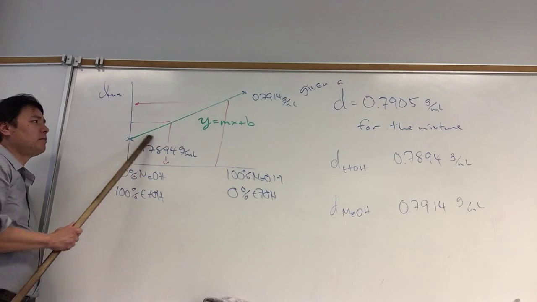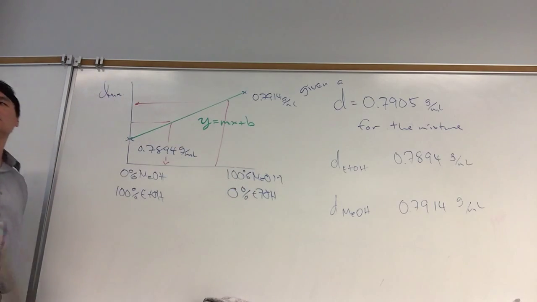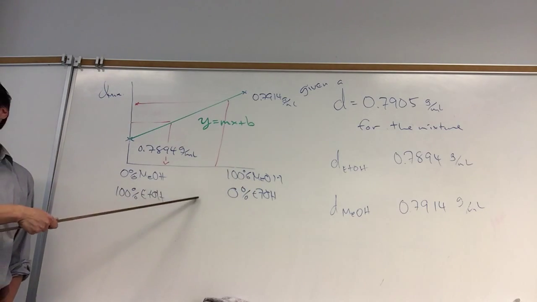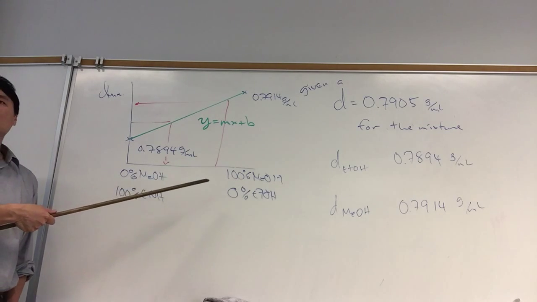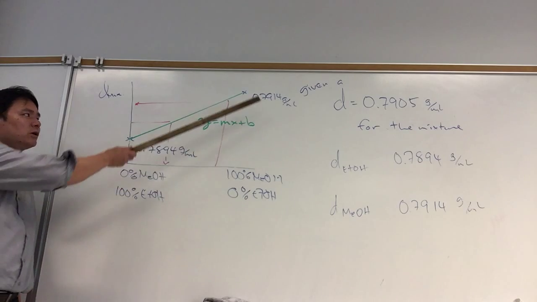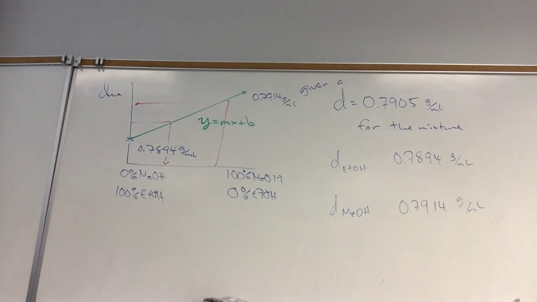That way, I'm going to get a positive slope versus a negative slope. But it absolutely doesn't matter. You could have picked ethanol here and gotten the exact same answer as if you put methanol. It's just my preference for working with a positive slope versus a negative slope. That's the only reason. But either one would have worked.